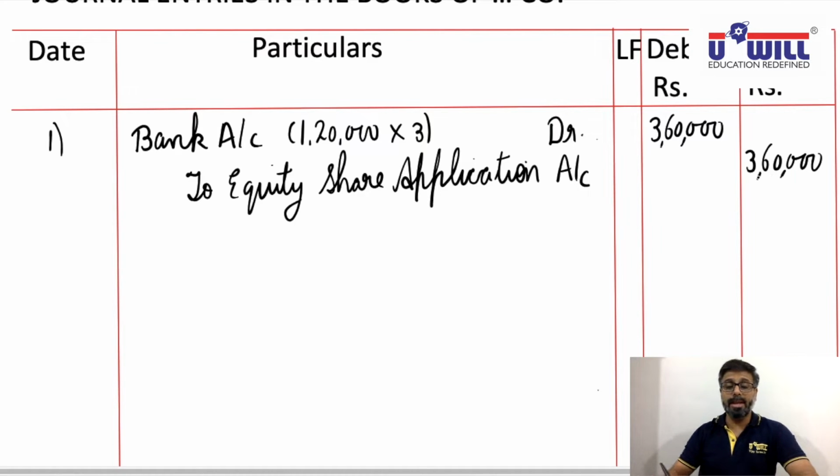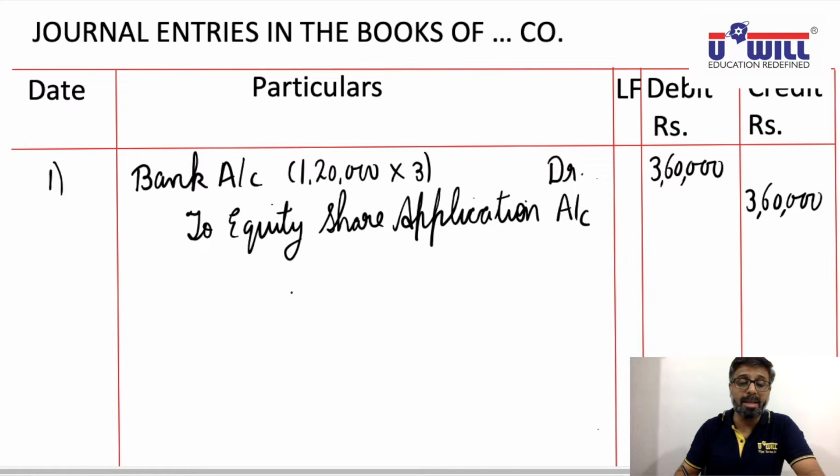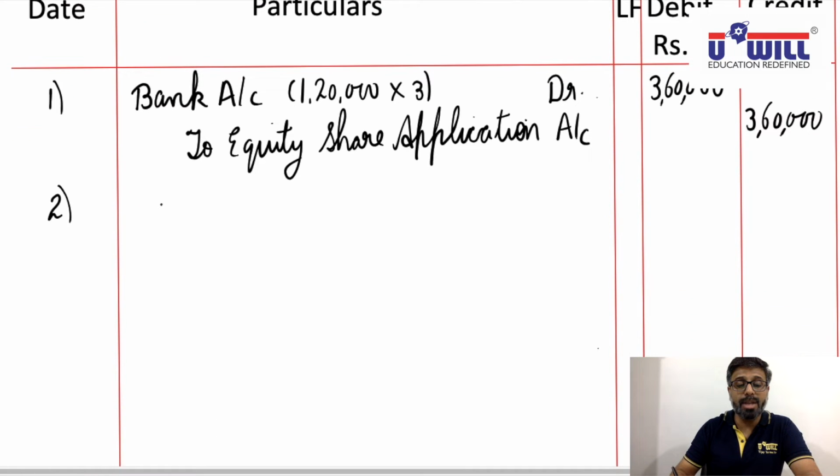They don't carry any extra weightage of marks, but of course if you don't write them, your marks would be deducted. So try to keep them as short and sweet as possible. Simply write down being application money received. That's it.